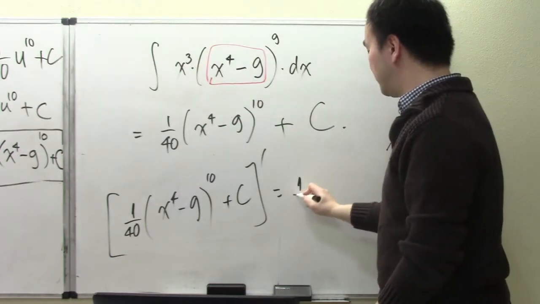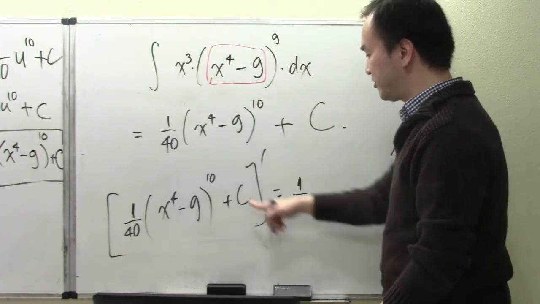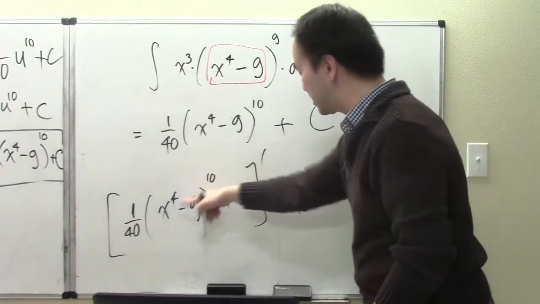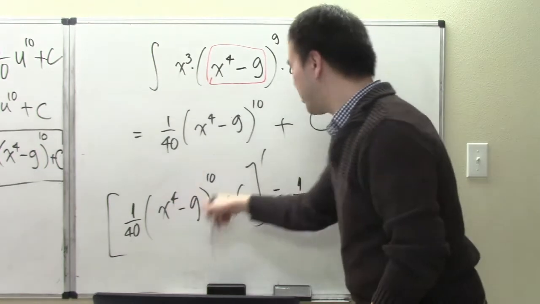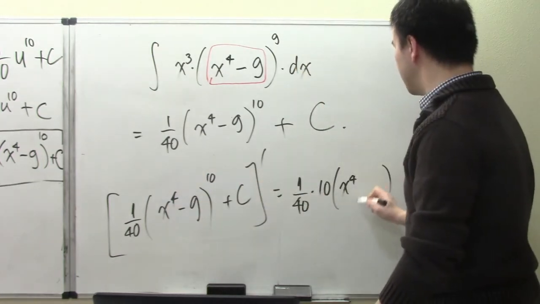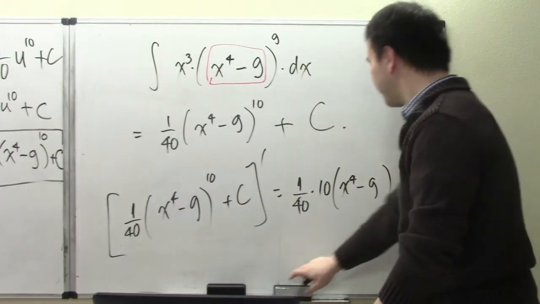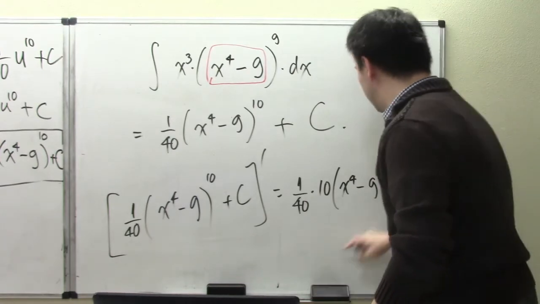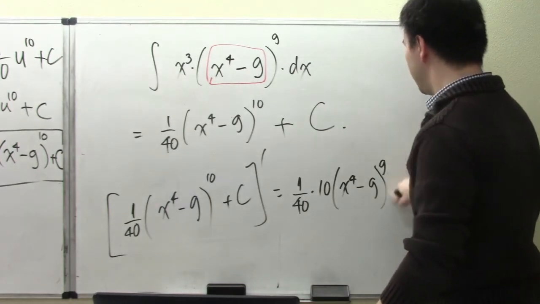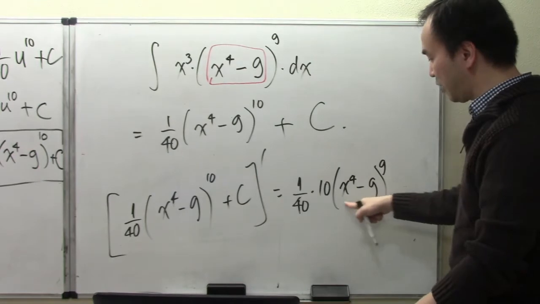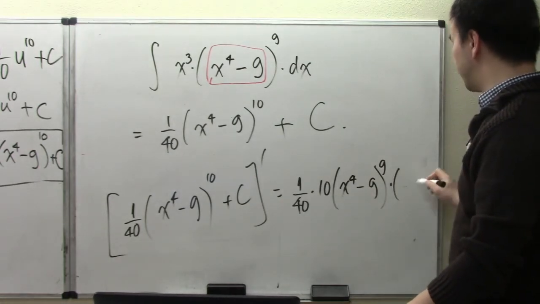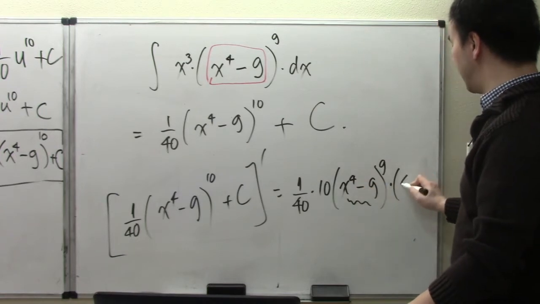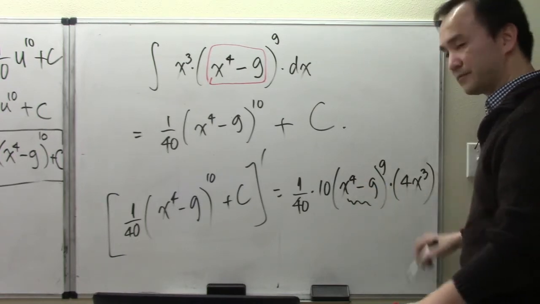So 1 over 40 as a constant coefficient stays the same. Chain rule says we take the derivative of the outside, so it leaves me 10 times all that expression here, which stays the same, x to the 4th minus 9, raised to the 9th. Okay, see how we're starting to get close? And then I'm going to multiply by the derivative of the inside, which will give me a 4x cubed.